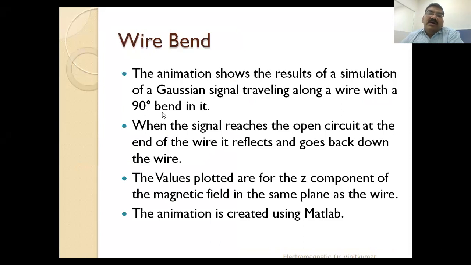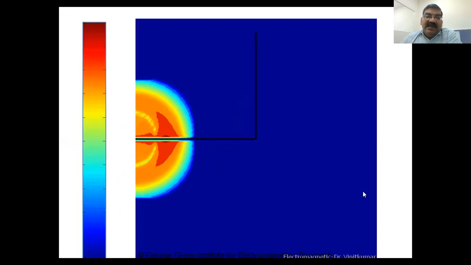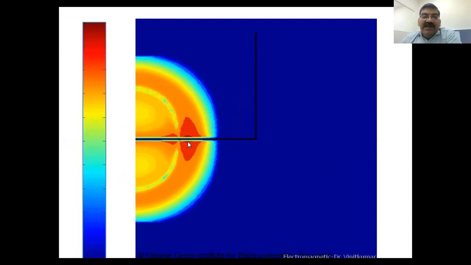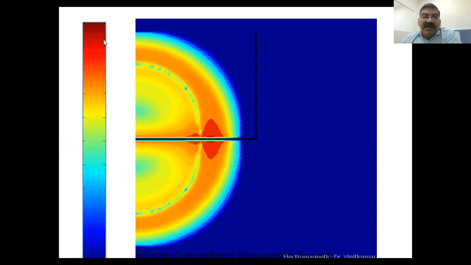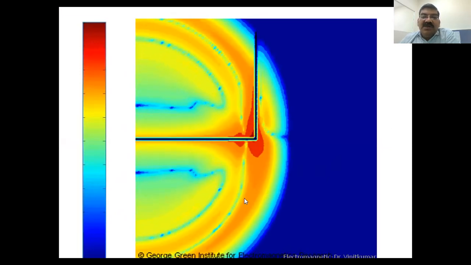For understanding purposes, I'm showing you a bent wire, a 90-degree bend, in a simulation. You can see how this bent wire gets radiated. The black one is the wire, treated as the antenna, and this is the intensity, where dark red is high intensity and blue is low intensity.